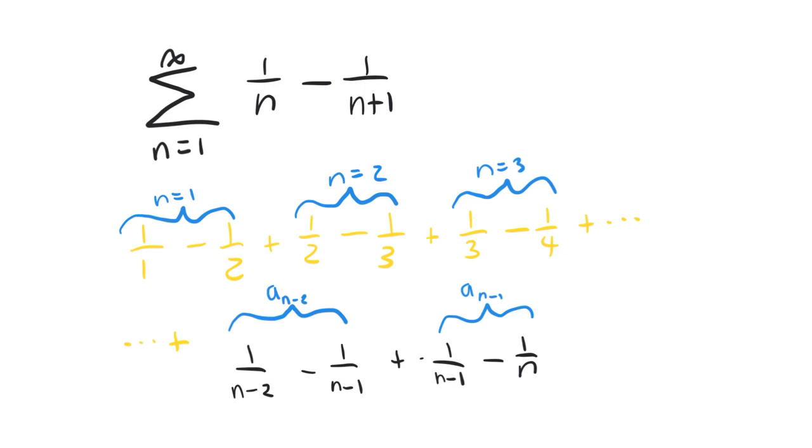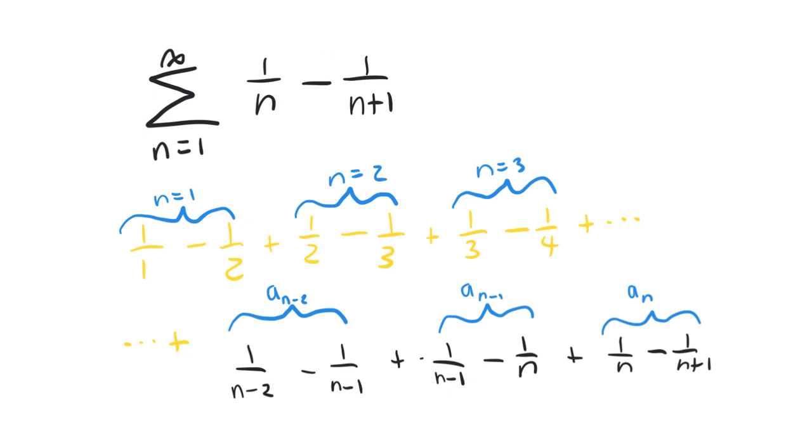And finally, if we were to add that to the final thing, a sub n, that would be 1 over n minus 1 over n plus 1. By the way, whenever you're doing this, just know that this last one, a sub n, should actually match this. That's a nice mental note.